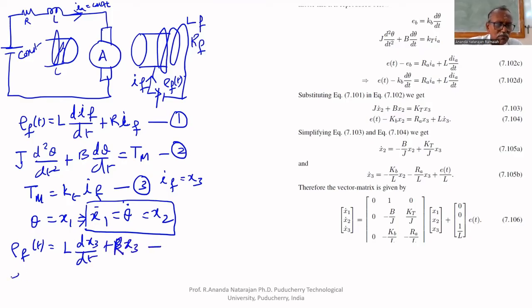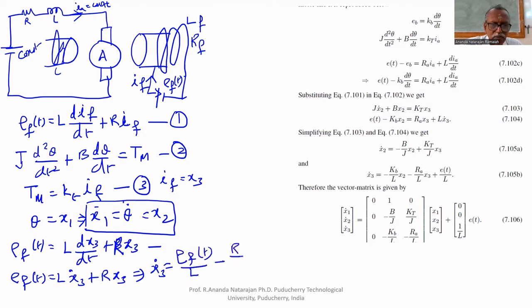Therefore, it can be written as EF of t equal to L x3 dot plus r x3, which implies x3 dot equal to EF of t divided by L minus R by L x3. This is the first equation. X3 dot we got.